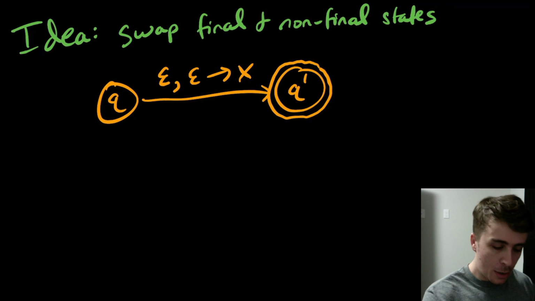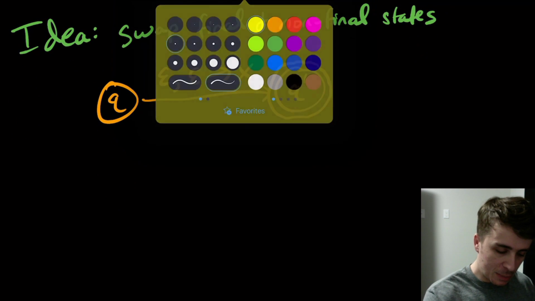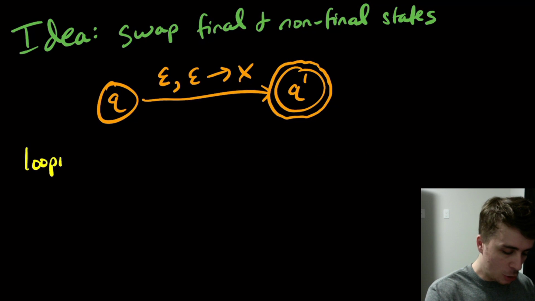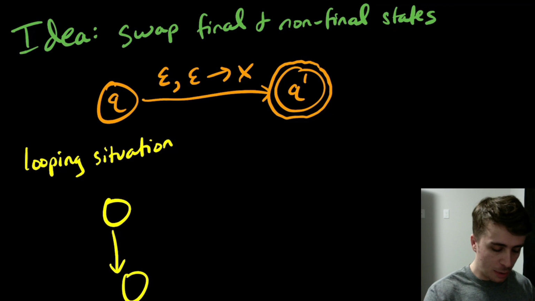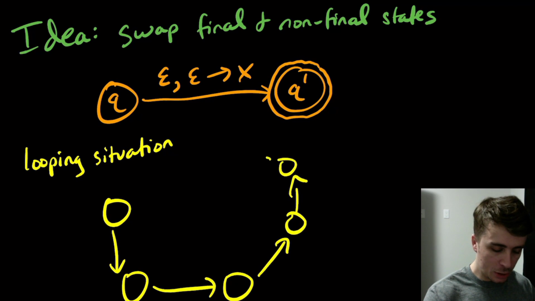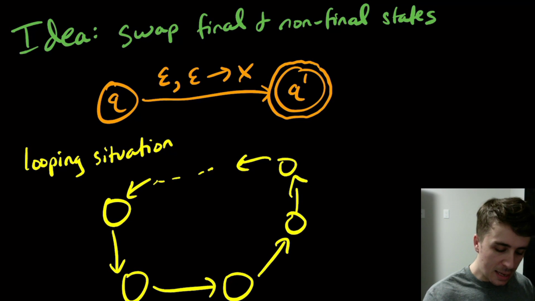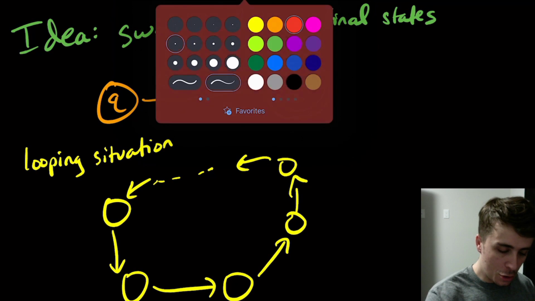So another thing that can happen is something that we call a looping situation. A looping situation occurs when you have something like this. We have a bunch of states that have a bunch of transitions, and on each one of these transitions, there's no read.